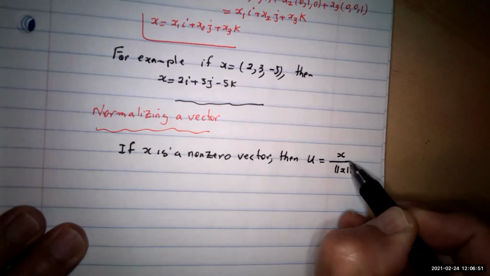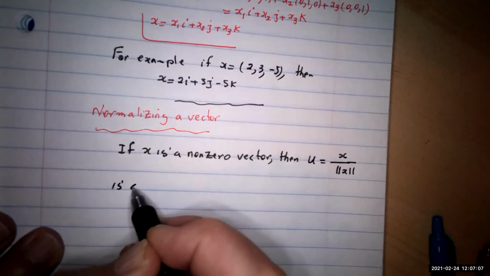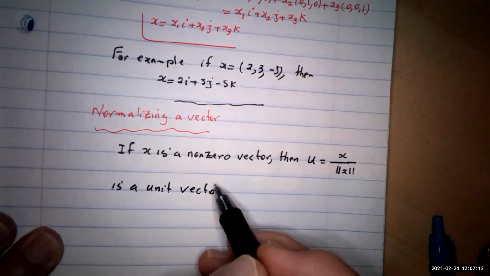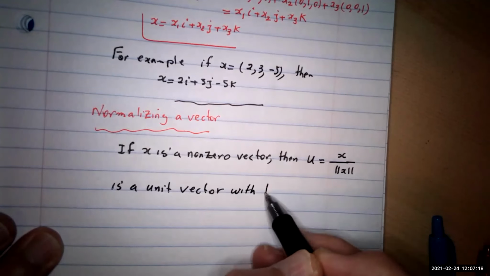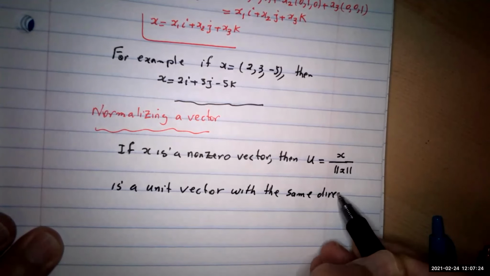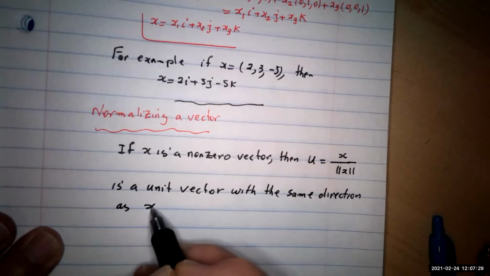If it's a unit vector, norm x is 1. If it's not, it's something else, like 2 or 3, so we divide by it. If you divide x by norm x, this is going to be a unit vector with the same direction as x.